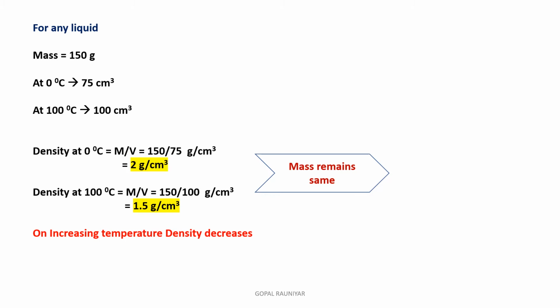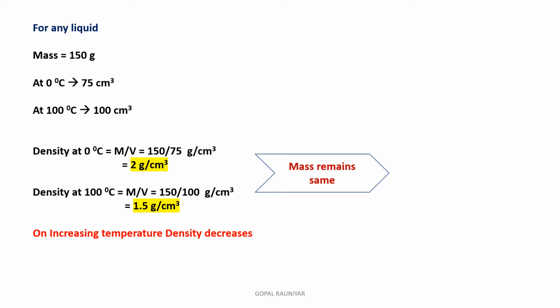So at 100 degrees centigrade its volume increases up to 100 centimeter cube. Now we will find the density at 0 degree centigrade, that is mass upon volume. Mass will be the same in both cases. Mass is 150 gram and at 0 degree centigrade the volume is 75 centimeter cube. Now density will be 150 upon 75, 2 gram per centimeter cube.